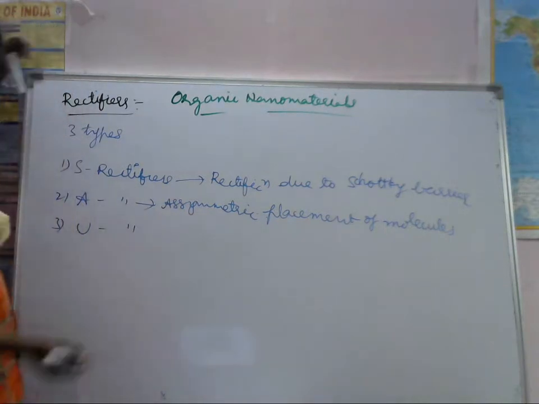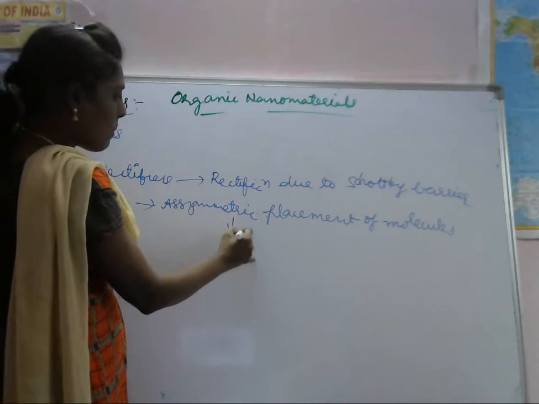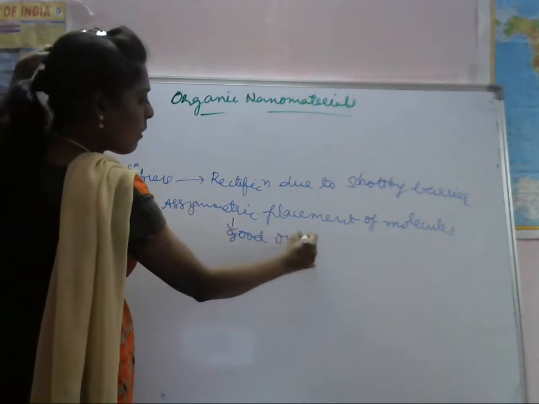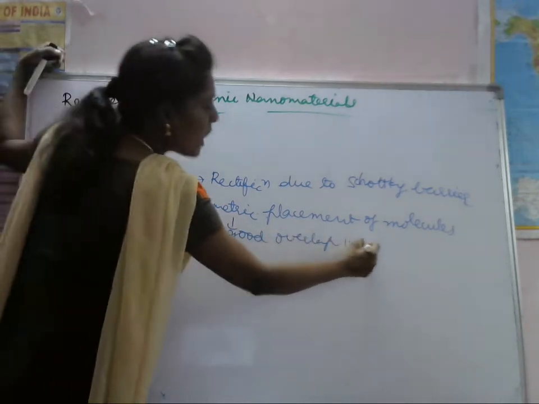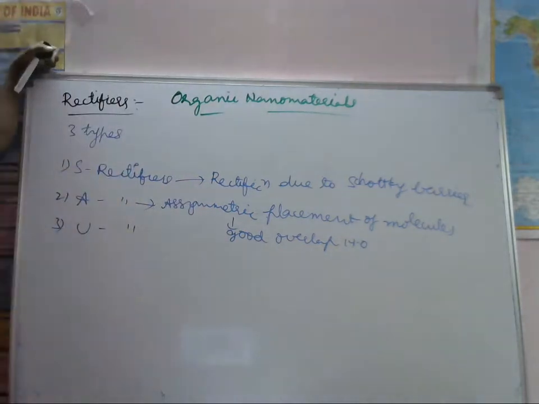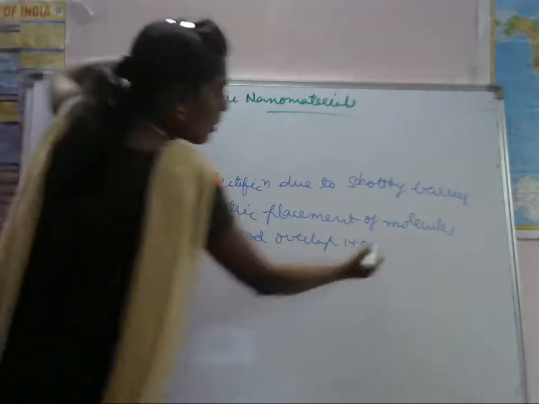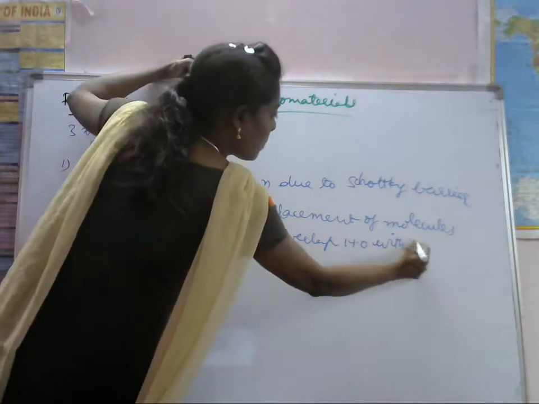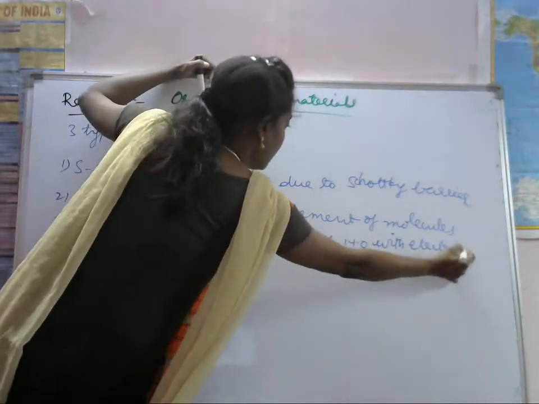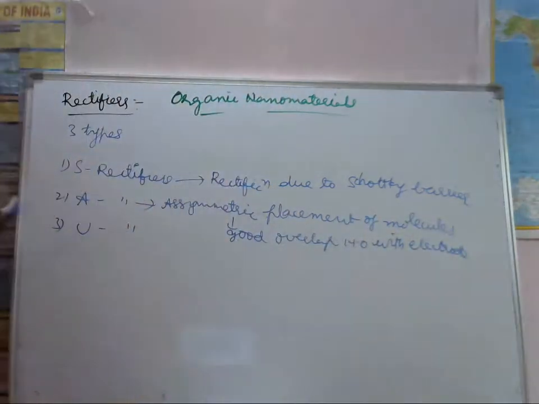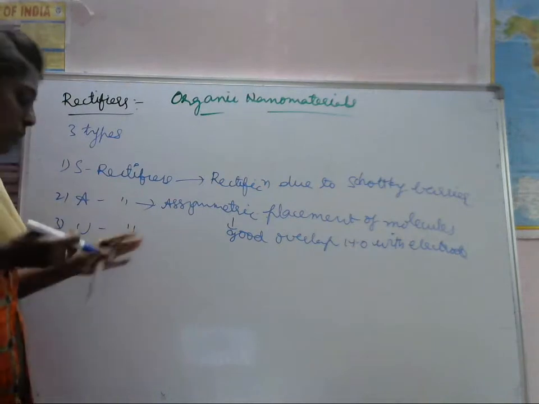This has good overlap of a molecular orbital (MO means molecular orbital) with the electrode and not the other. Only one molecular orbital has a good overlap.